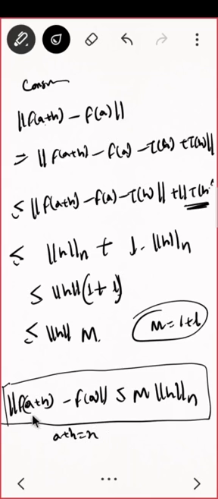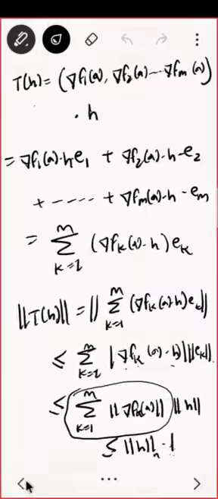Then the norm of f of x minus f of e will be less than or equal to M into the norm of x minus e. That's it. Correct? This was the easy proof.